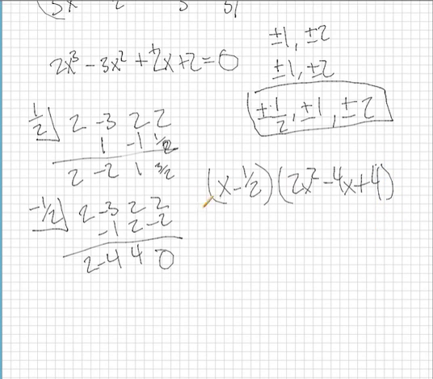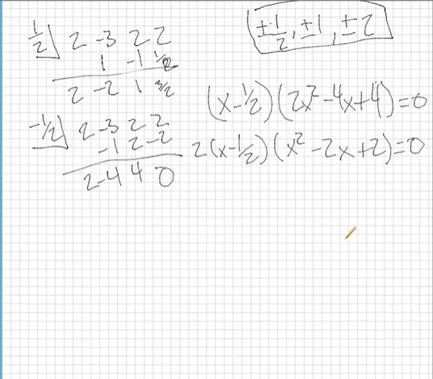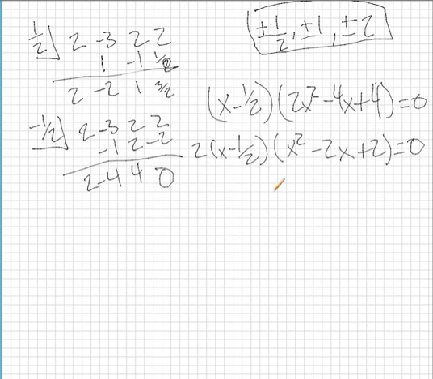And then if we factor out a 2, this equals 0. And then we factor out a 2, x minus, and then it's x squared minus 2x plus 2. And that doesn't factor, so we're going to have to do the quadratic formula.